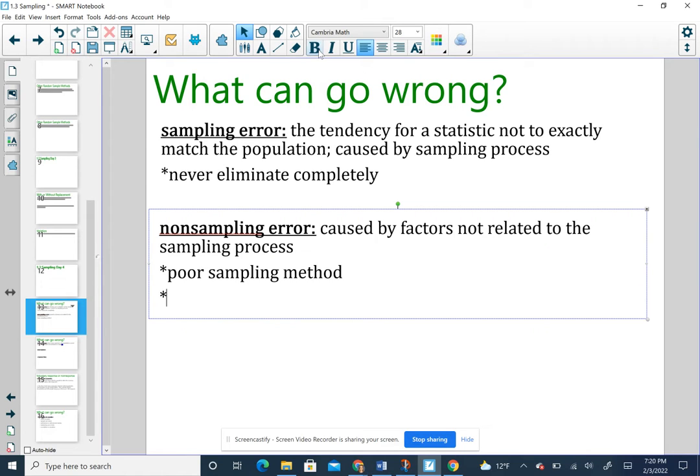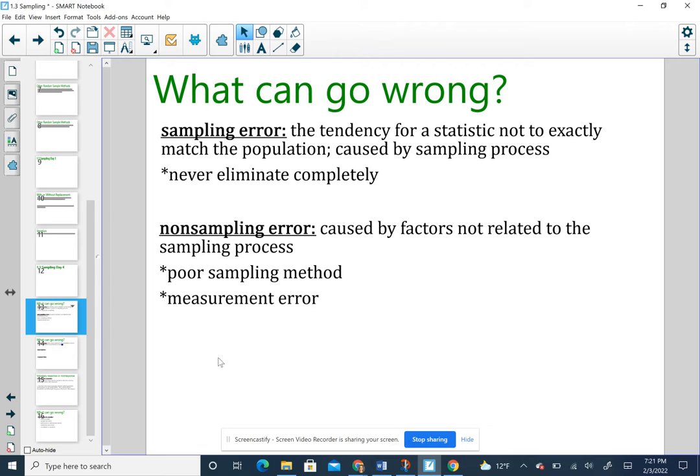So that could be a non-sampling error, choosing a poor sampling method. Measurement error, maybe not collecting the data most appropriately or analyzing the data for what you were trying to measure, something like that could also create error that's not caused by the sampling process.